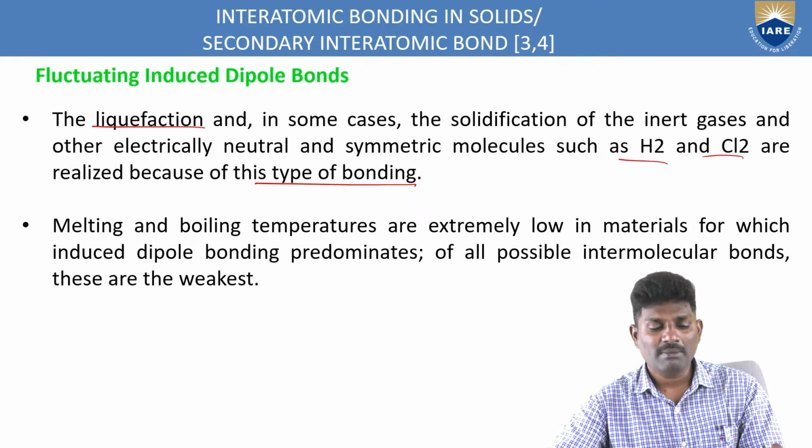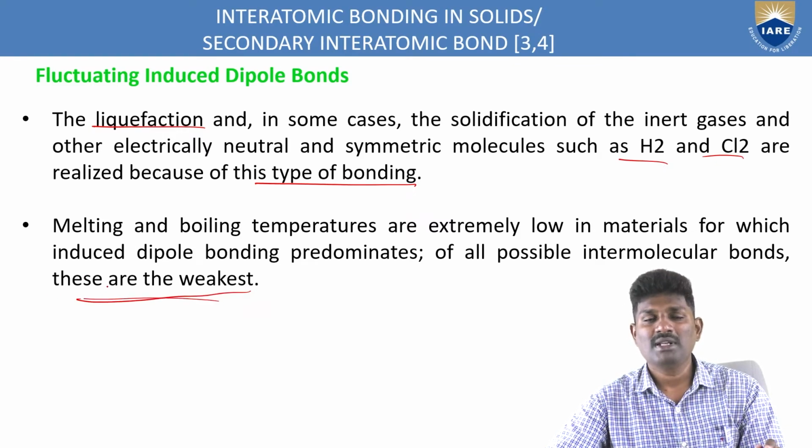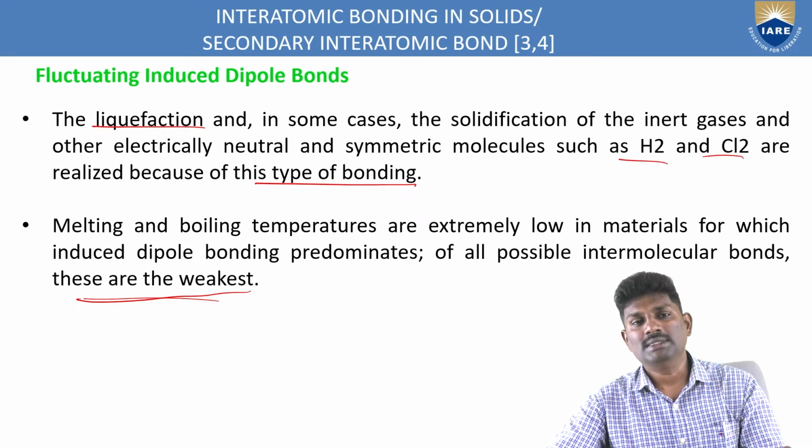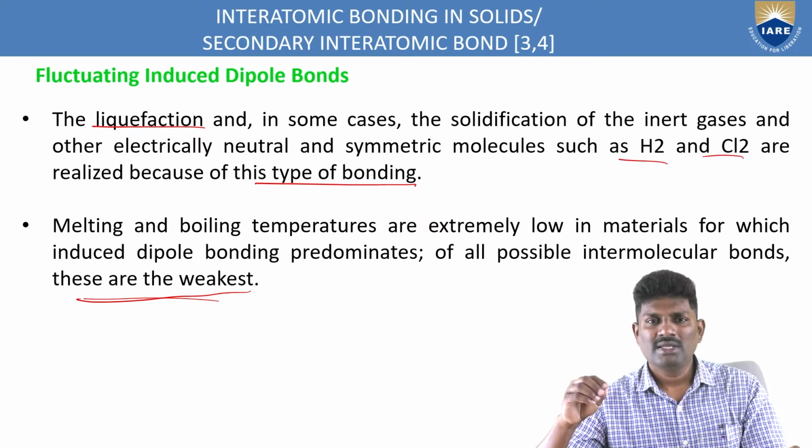In a similar way, the melting and boiling temperatures are extremely low in materials in which induced dipole bonding predominates, and of all possible intermolecular bonds, these are the weakest. Completely these are very weak. Why? Because we are trying to induce some dipoles to get a bonding energy, and these involve less energy.